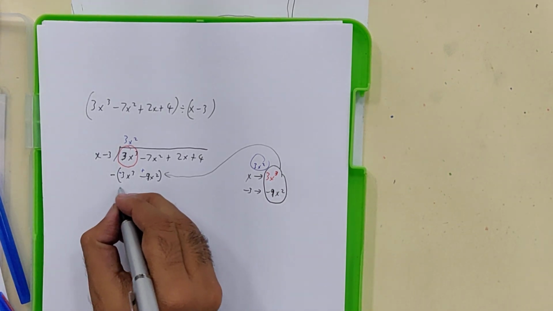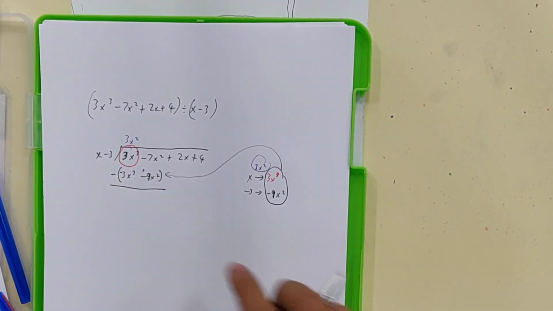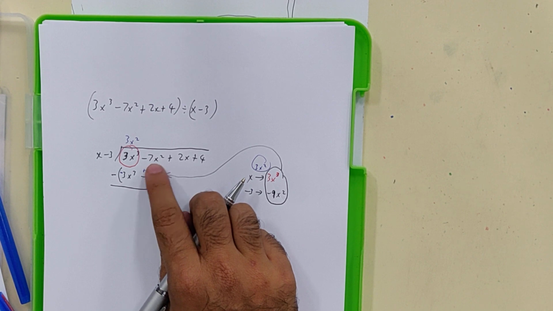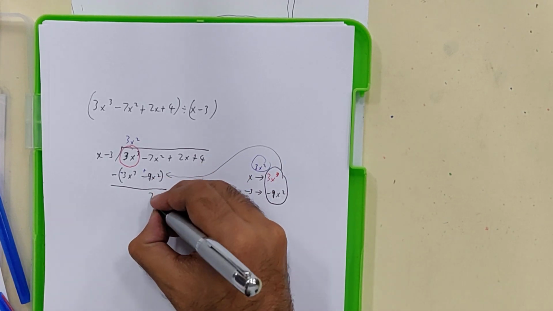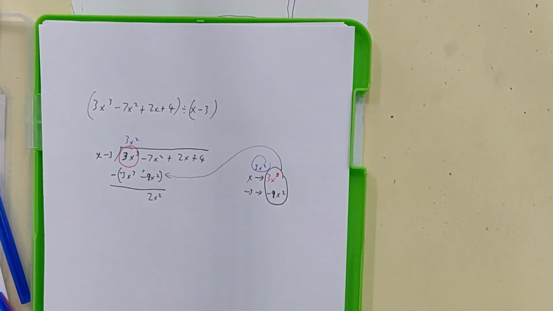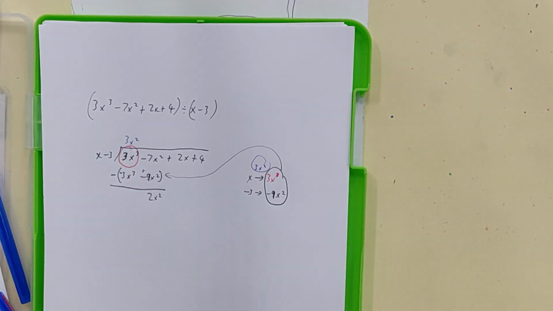And now here comes the next steps. Negative 7x squared plus 9x squared. What do you get? 2x squared. And over here 3x cubed minus 3x cubed. 0, we don't need to write down.